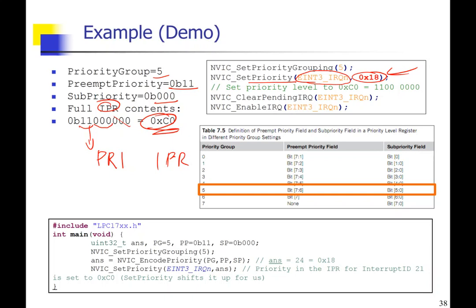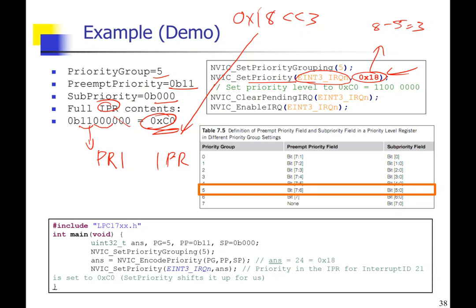The number of priority bits in LPC1769 is 5. So this will be rotated by 8 minus 5, which is 3. What is hex 18 rotated by 3? I'm not going to show it, or rather insult you by showing it at this stage of the module. It is C0. You can easily figure it out, right?